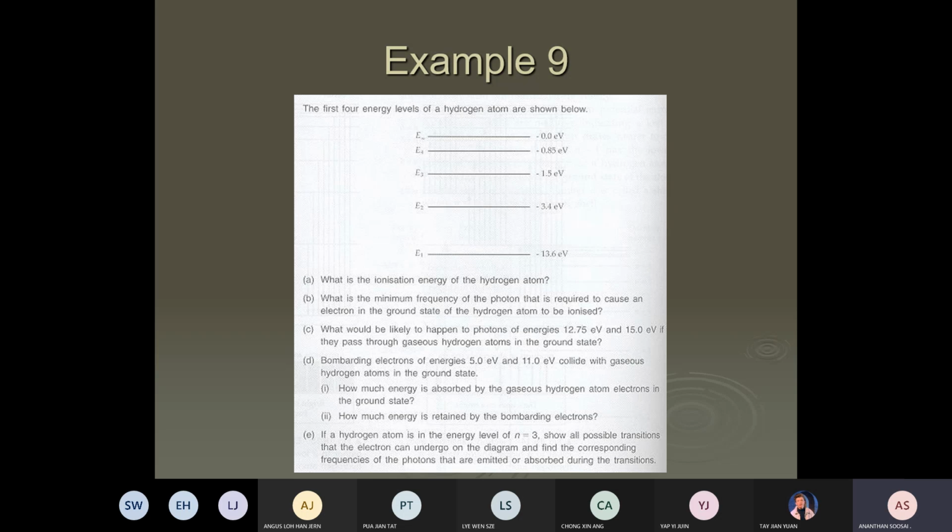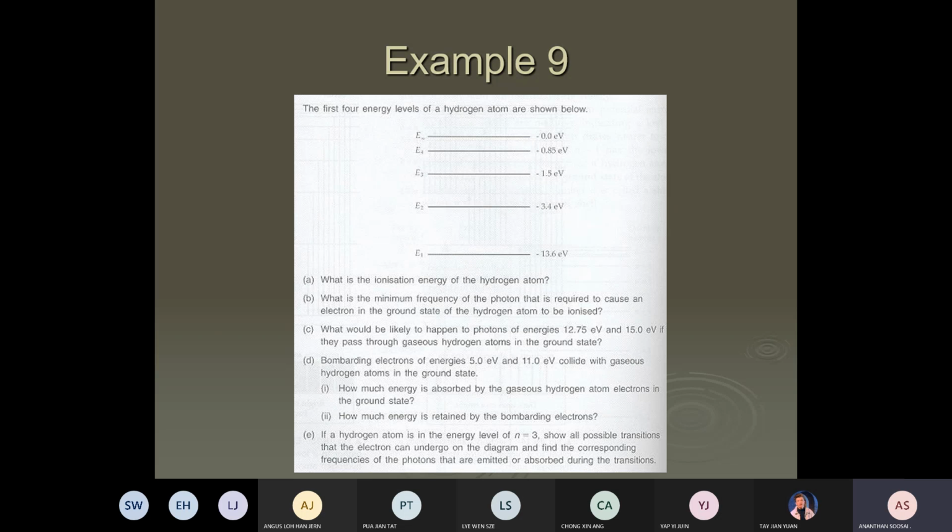Not even to the first level. So the incoming electron with 5 eV will move away from the atom with 5 eV. It never loses any energy.